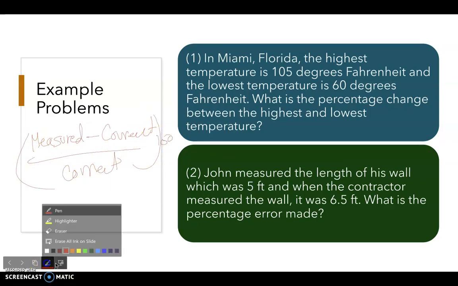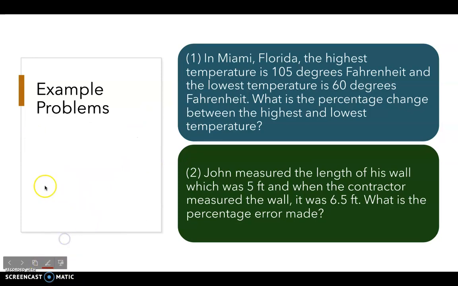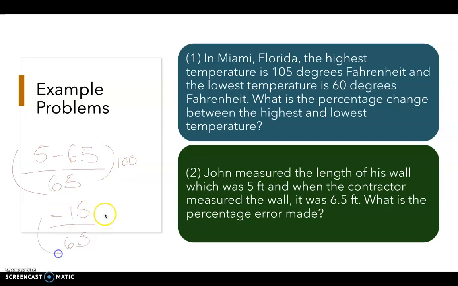Okay? So now let's plug it in. Measured, which is the one John measured, is 5. The one that's correct is 6.5 divided by 6.5 multiplied by 100. So this will be negative 1.5 over 6.5 times 100. Okay? So if I multiply, this will be negative 150 divided by 6.5.